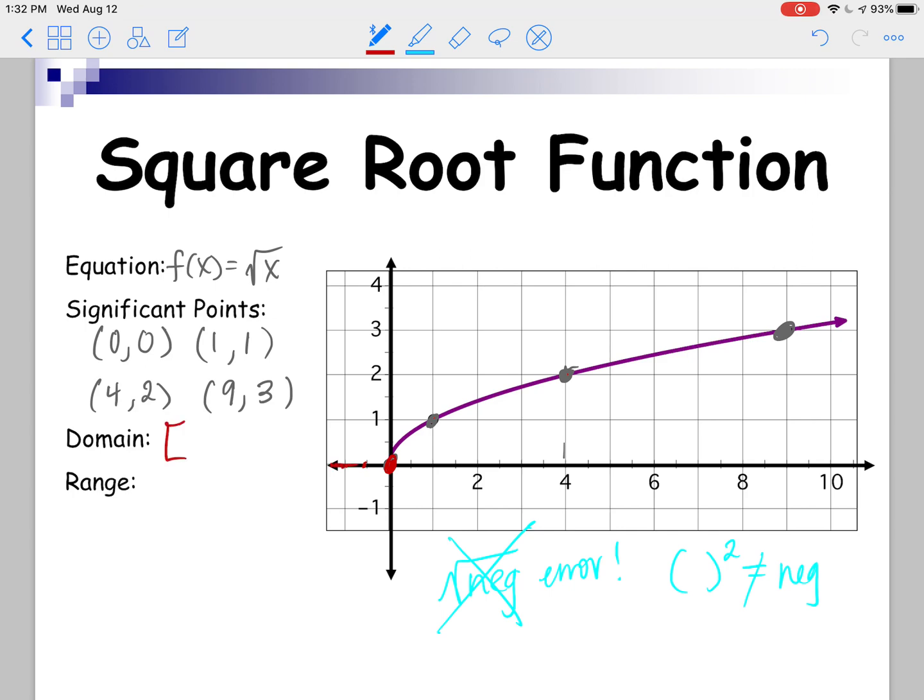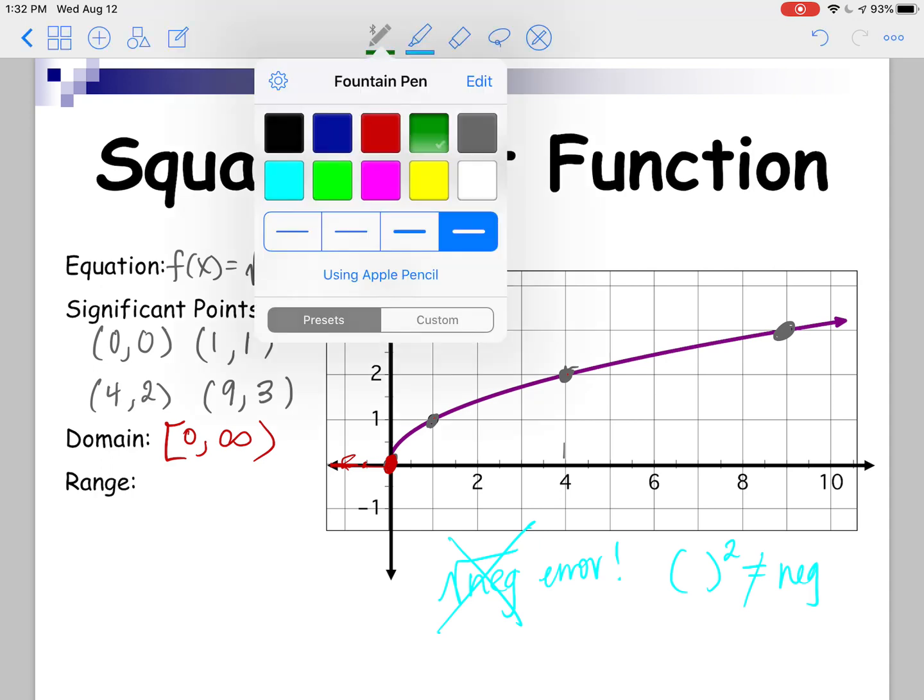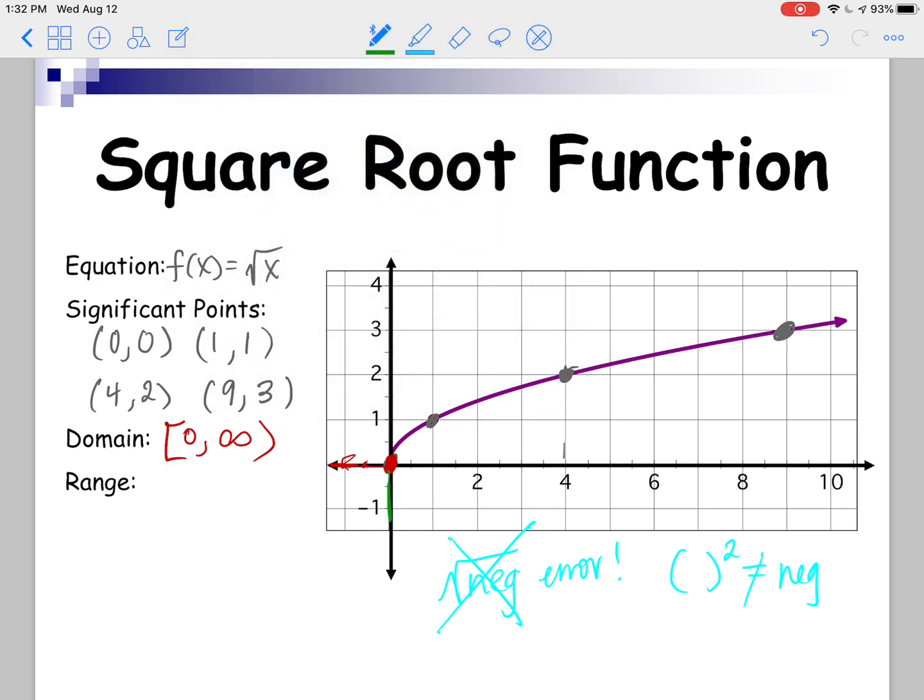And so our domain, now we get to use the bracket, goes from 0 to infinity. And because we can't plug in negative numbers for the input, we're also not going to get any negative outputs. So notice there's no part of the function down here. And so the range is also 0 to infinity.